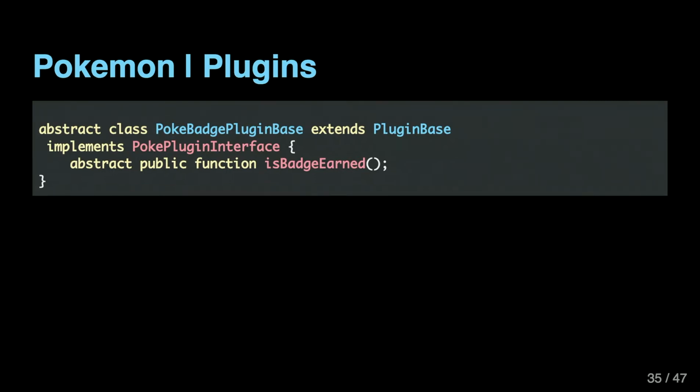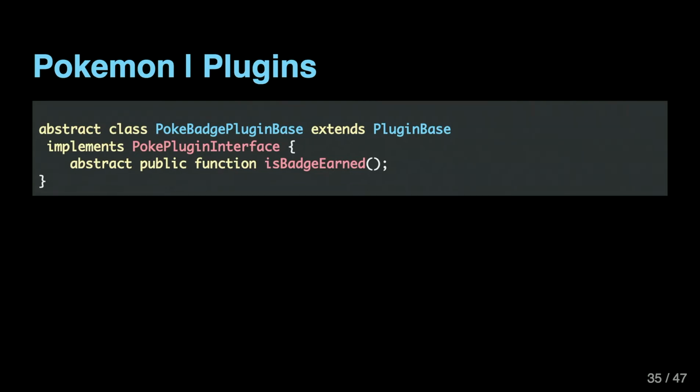And in order to do this, we're going to make some assumptions. When you're making a custom plugin, you have to do a couple of things. You have to create the annotation definition. You have to create a plugin manager. So we're going to assume that we've done all of the above. And we're up to the step where we're creating the plugin base for our custom plugin. And we're going to call it the Poke Badge plugin base. And what this does is implements a Poke plugin interface.